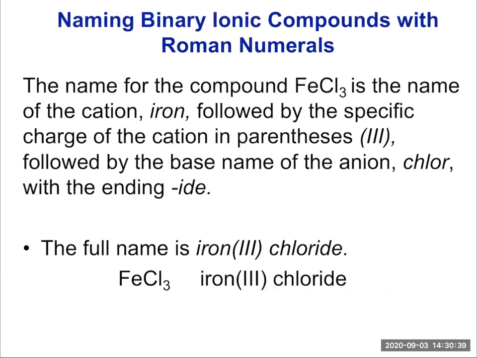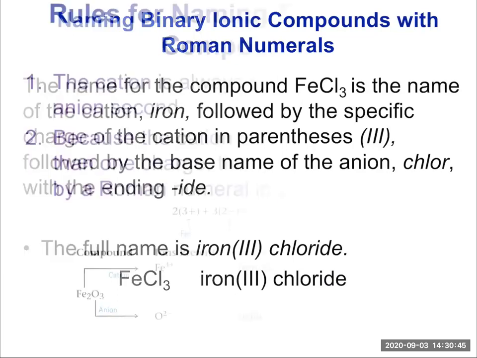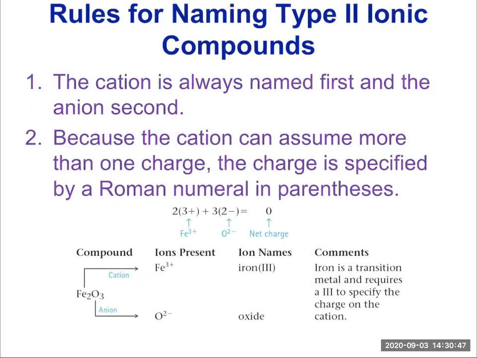Whereas here, same thing, it would be iron 3 chloride. So you want to make sure that you tell us the charge. And remember that the compound has to equal 0. So the first parenthesis is the charge of the metal, and the second parenthesis is the charge of the non-metal.